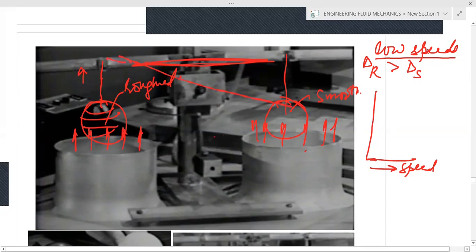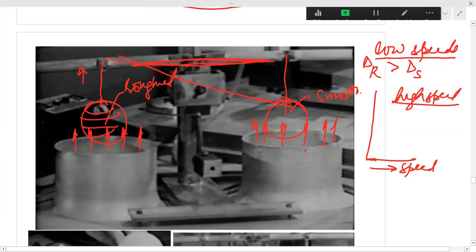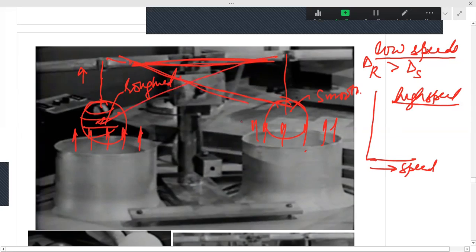Yes, sir. Now if I keep on increasing the speed, say at high speed, what will happen? Suddenly there will be a reversal of this line. सर turbulence create होगा ना रफ बॉल में फिर. So at high speeds, the drag force of the smooth ball is greater than the roughened ball.